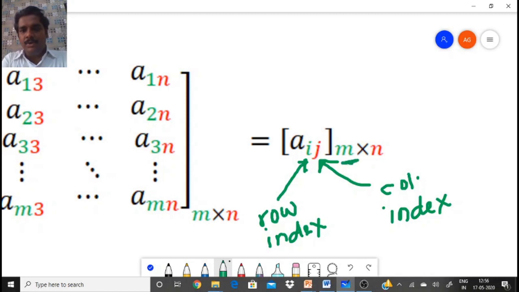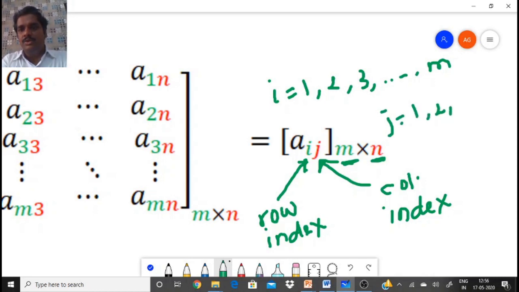Since there are m rows, this i will take value either 1 or 2 or 3 up to m. And since there are n columns, this j will take value 1, 2, 3 up to n. Any one value can be taken.